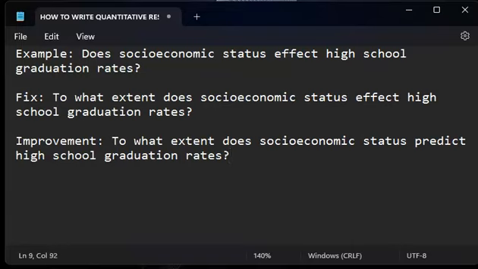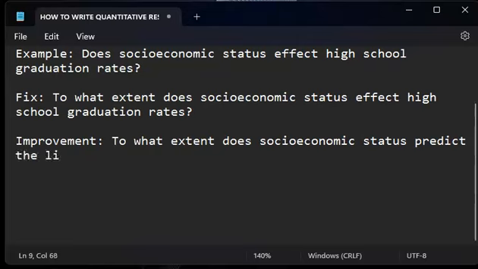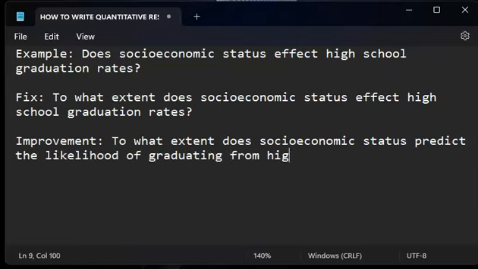Or, to what extent does socioeconomic status predict the likelihood of graduating from high school. It's more specific. This idea of prediction is specifically related to regression, which is outside the scope of this class, but it is something that you do need to look for in how quantitative research questions are posed.